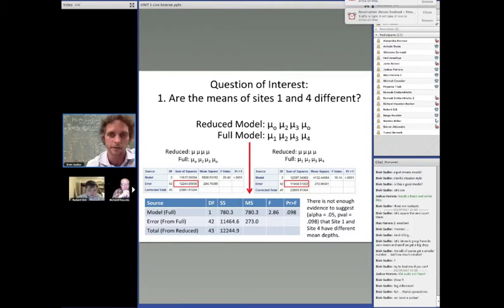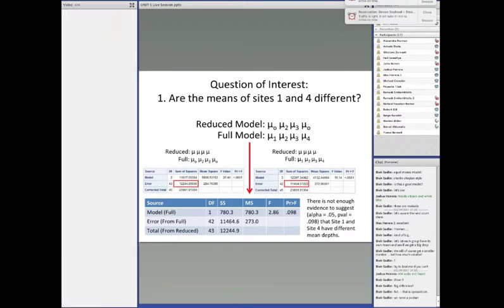But this one here, what we're going to do is I just want to compare this model to this model. If the full model wins, I want you to think real quick. If the evidence supports the full model, would that support mu1 and mu4 being different, or mu1 and mu4 being the same? If the full model wins. Different.